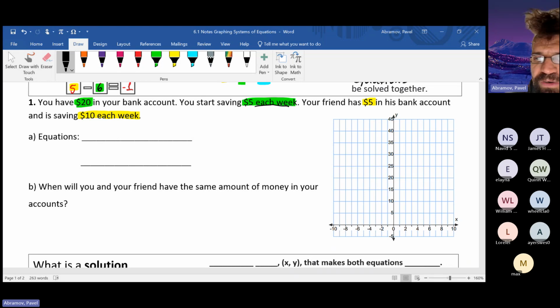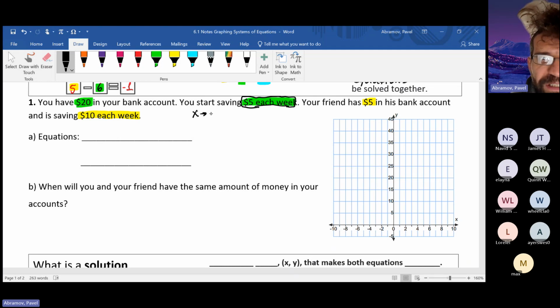First of all, we want to write down what our variables represent. So our independent variable, which is x. Well, independent means it doesn't really depend on anything. It will happen no matter what. And one of the things that will happen no matter what is that time will go on, and our time is measured in weeks, since we're saying it's $5 each week.